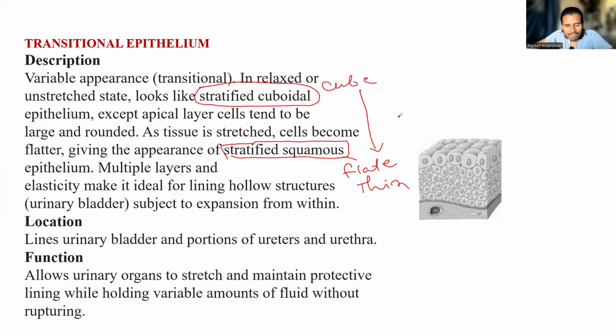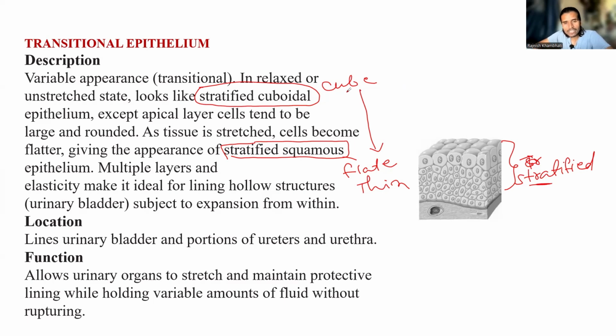Clear? Why we call them transitional? Still they are multi-layer, and the term for multi-layer is stratified. So why is this not under stratified? Because they are multiple layers, but still they are not under stratified, but under transitional.